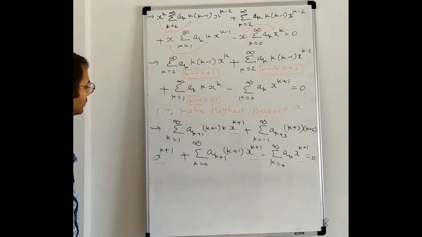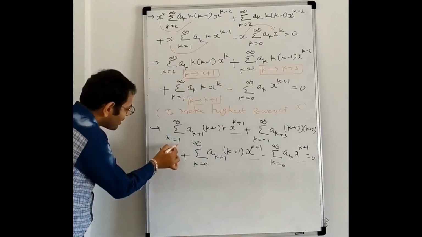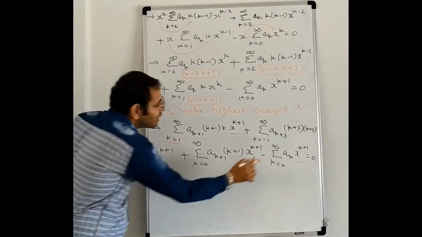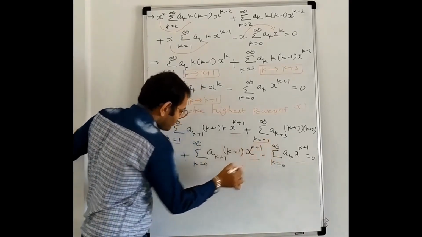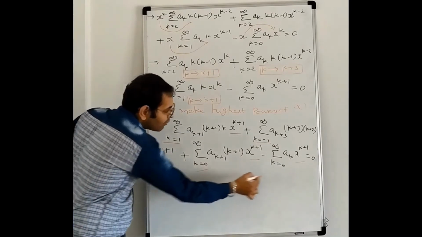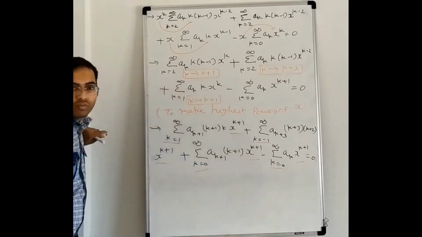Now each and every term has same power of x, which is x raised to k plus 1. But first term has summation index 1, second term has minus 1, third term has 0, fourth term also has 0.